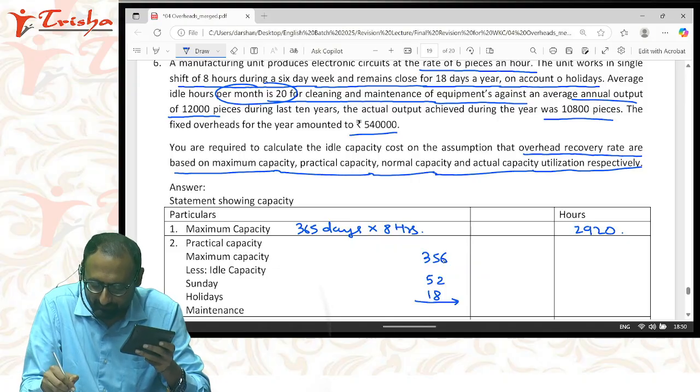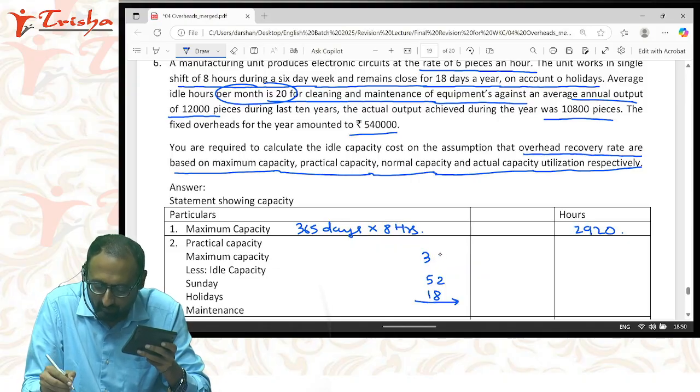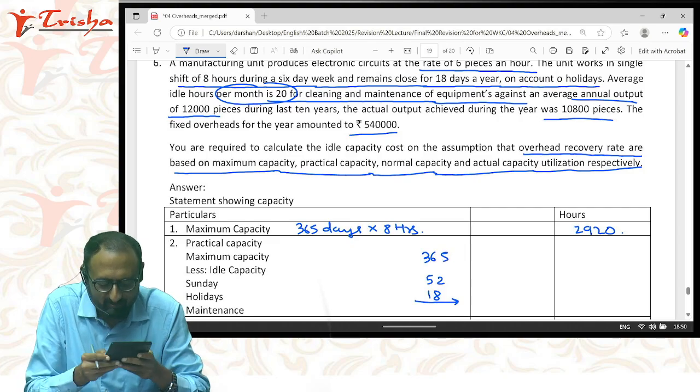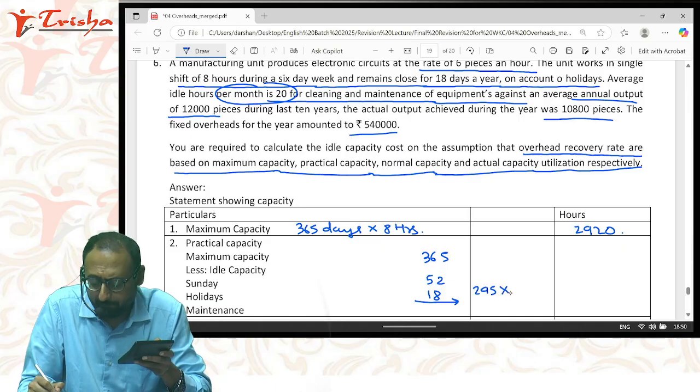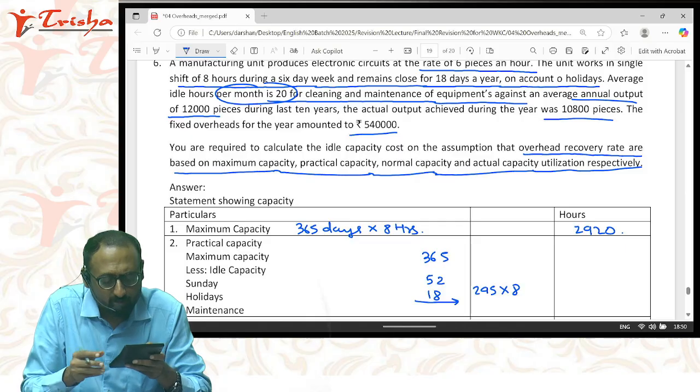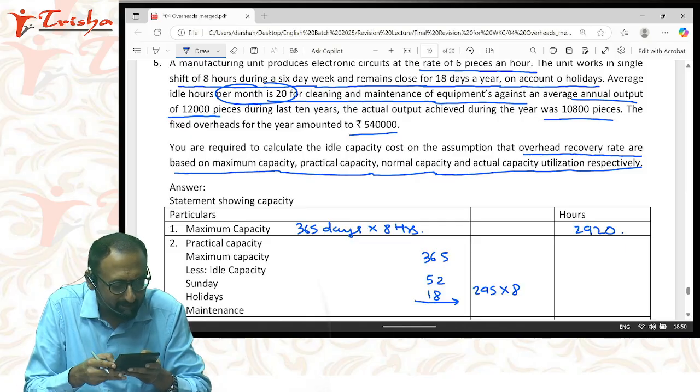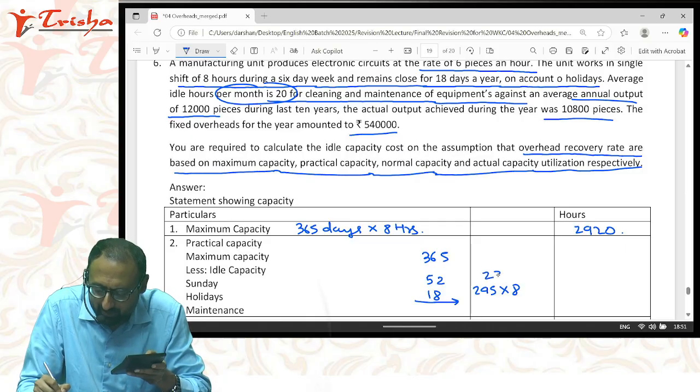365 days minus 52 minus 18. Is it 295? 295 multiplied by per day 8 hours. So 295 multiplied by 8, your answer comes to 2360 hours.